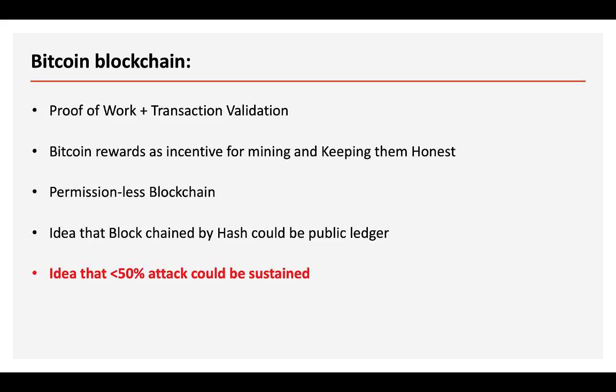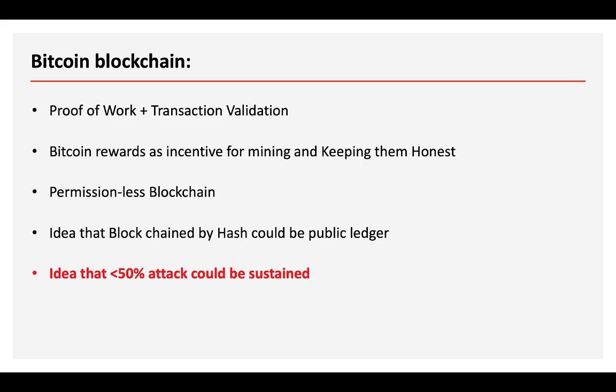So in a game theoretic sense, these incentives keep them honest. Now, the Bitcoin blockchain was purposely built to be permissionless, and the idea of the blockchain is a public ledger, obviating the need for banks to keep track of the total amount, balance, and transactions, and everybody can have access to the ledger.